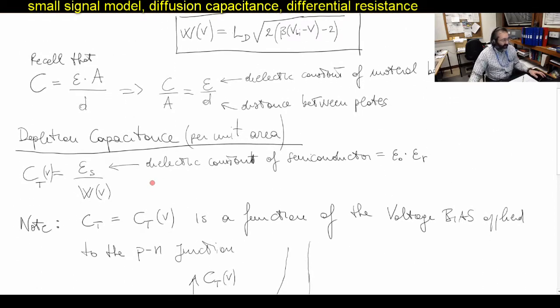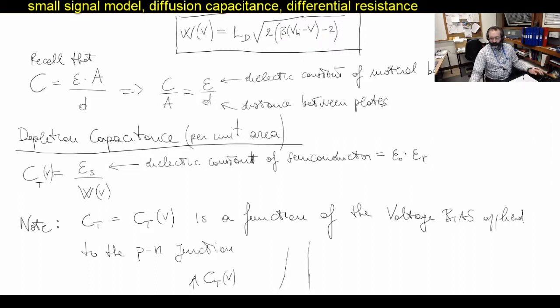is given by the dielectric constant of the semiconductor divided by the depletion layer width. And the depletion layer width doesn't depend exponentially on the voltage, but as a square root of some voltage. So compared to the exponential dependencies on voltage that we've seen for the differential resistance and the diffusion capacitance, this can be regarded as a very smooth function.